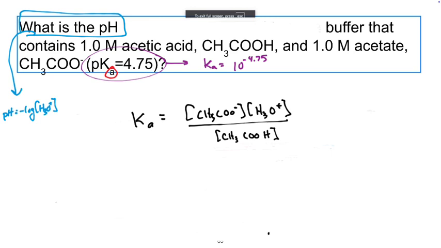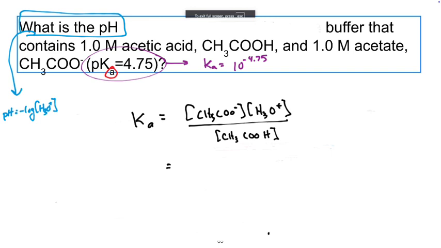What did I want to solve for? pH. To get to pH, that's the negative log of the H3O plus concentration. Do you see H3O plus in our expression already? So what could we go through and do? It's going to get real ugly real fast.